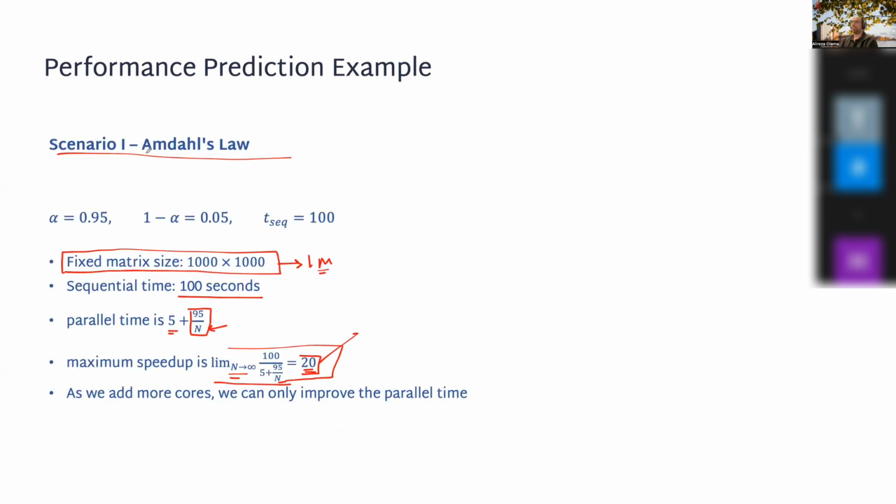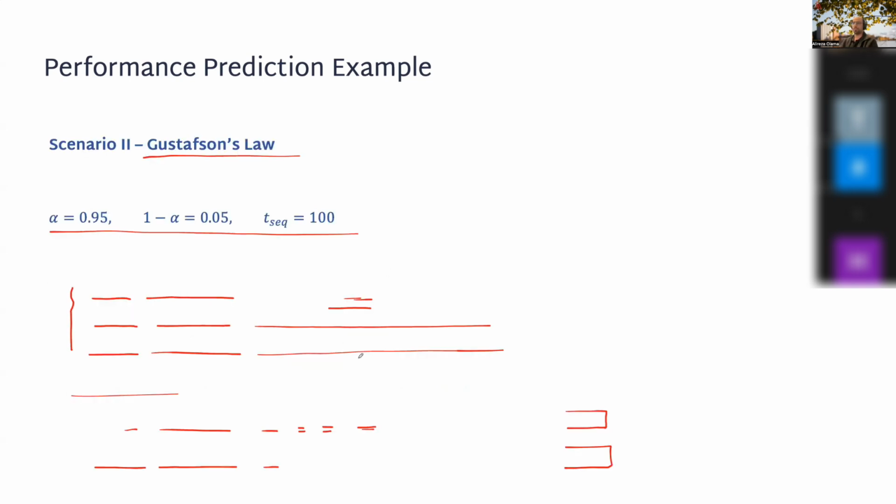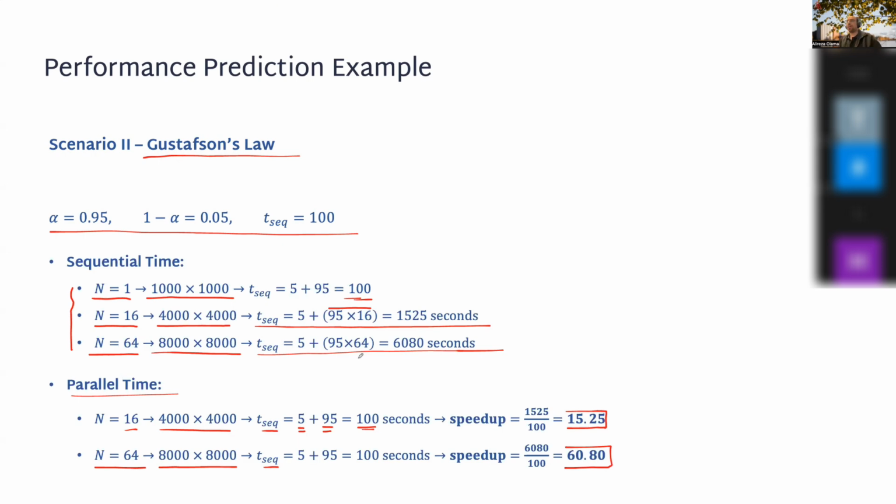However, in the Amdahl's law case, if we just care about strong scalability, in the best case, our speedup is 20. So these are quite important observations when you want to evaluate your parallel algorithms based on strong scalability and weak scalability using Amdahl's law and Gustafson's law. Okay.